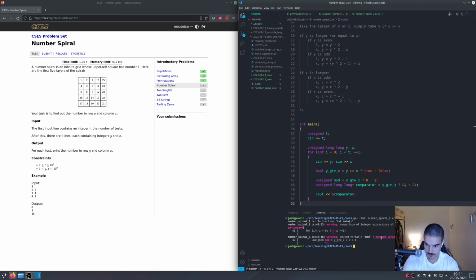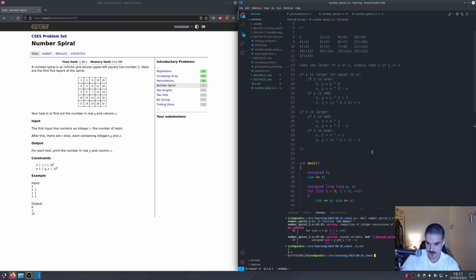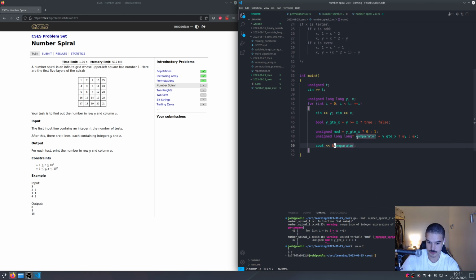Okay, that's fine. So a.out, let's say 1, and then if our y is greater than x, which we want it to be, let's say 9.7, that gives us an address. But what if I was to just do that?